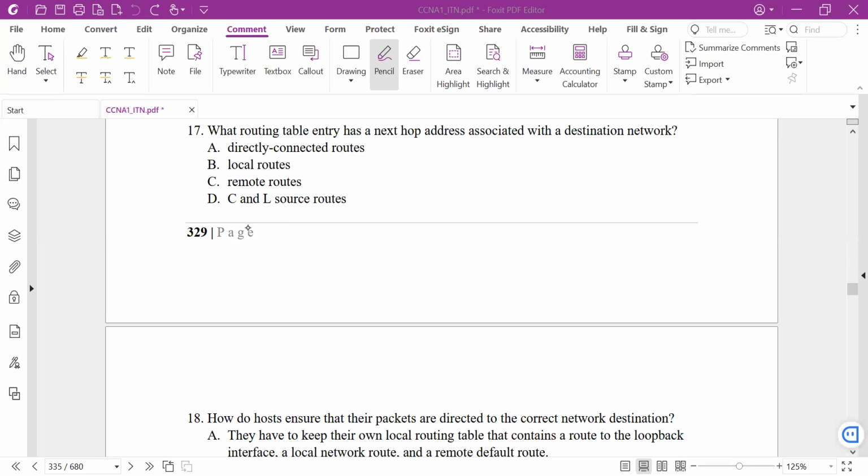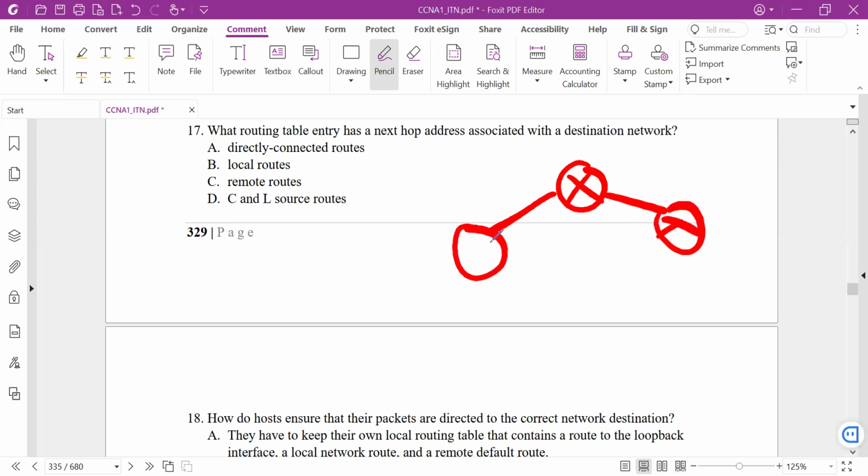A routing table contains routes which are going to be used by a router. So if a router wants to communicate with other networks, it needs to know what are the other networks that I want to communicate with, right? So if I take a look at this router, let's call it R1, its routing table, what is it going to show?